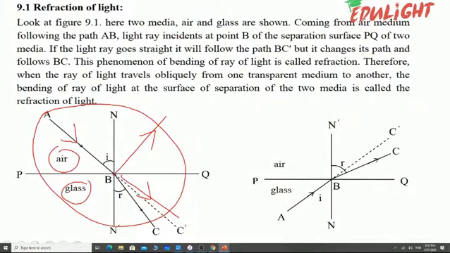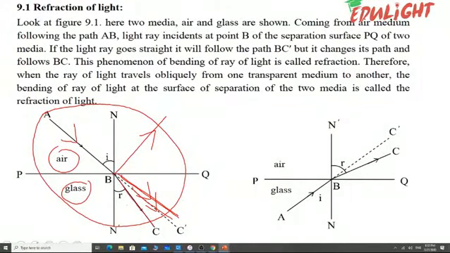So you can see that two things are happening here. At first the light is incident, then it does not reflect. Instead, it goes into the other medium, and at the same time it does not go straight. This is the line along which the light ray should go, but instead it bends at an angle and goes in this direction.